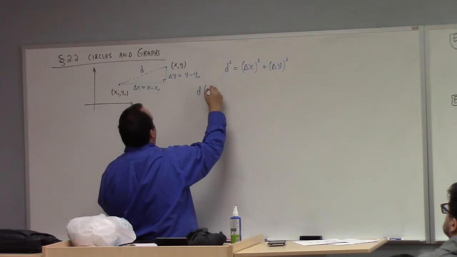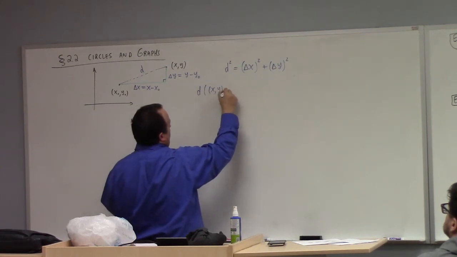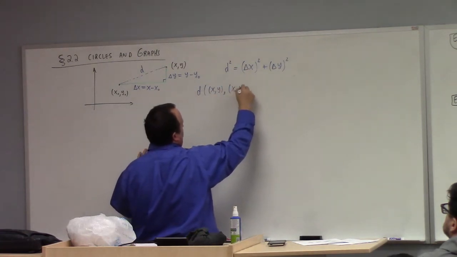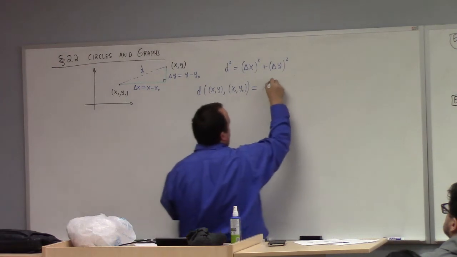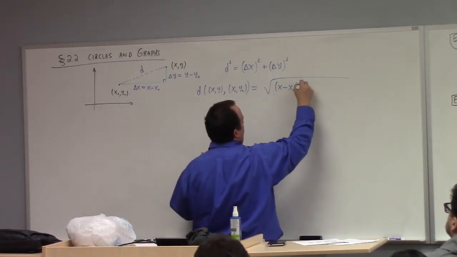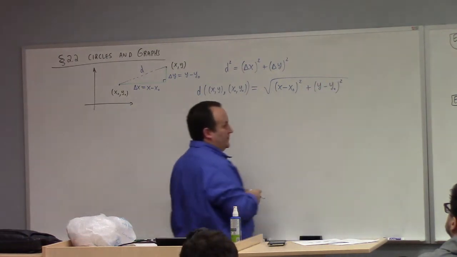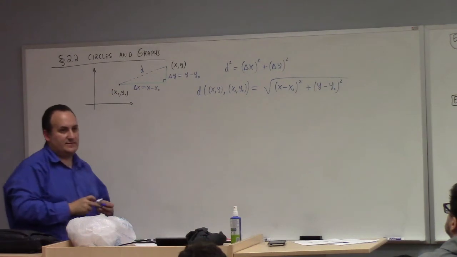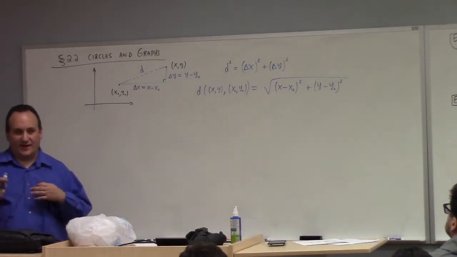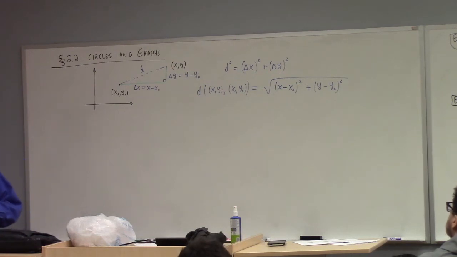The distance from x comma y to x naught, y naught is equal to the square root of x minus x naught squared plus y minus y naught squared, right? So this is the distance formula. You know it. You love it. Excuse me, you forgot it. I don't know if you love it or not, but this is the distance formula.